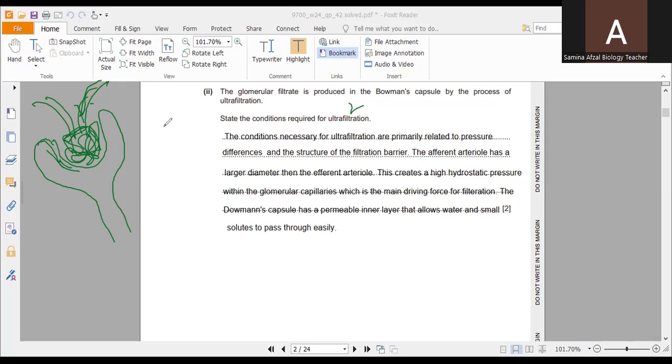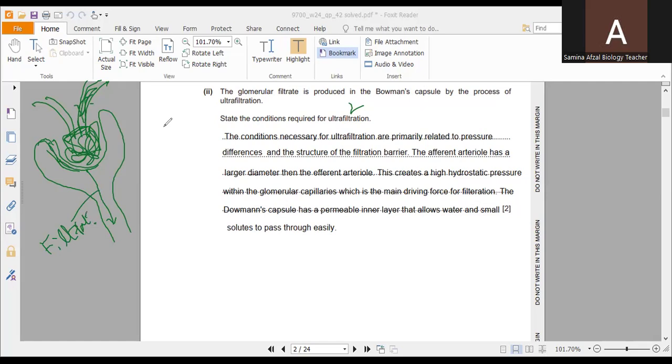So the blood with high pressure enters here, then ultrafiltration takes place, and after ultrafiltration, the filtrate enters the second part of the nephron.